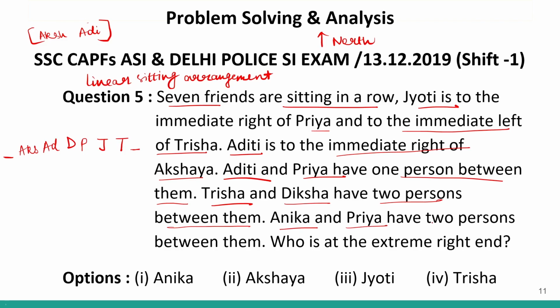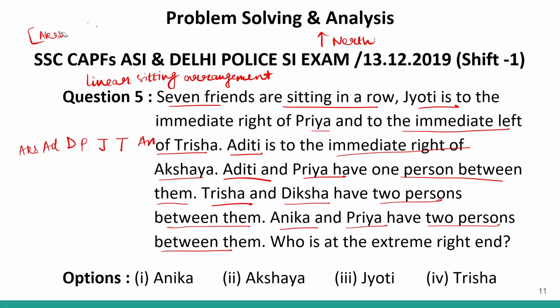Anika and Priya have 2 persons between them. If Anika and Priya have 2 persons between them, Anika cannot come in this place because Akshaya is already here. So this position gets eliminated. Now over here, if we place Anika, then between Anika and Priya we have 2 people. So Anika will come over here. So this is the final arrangement.